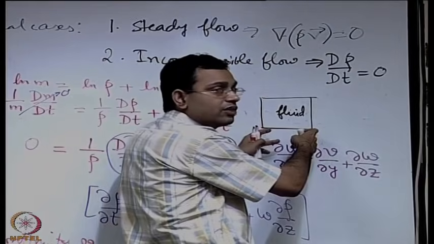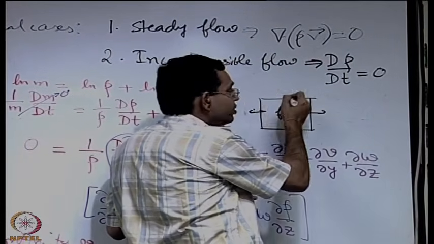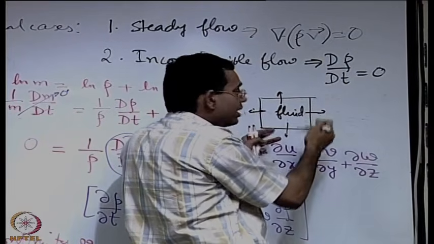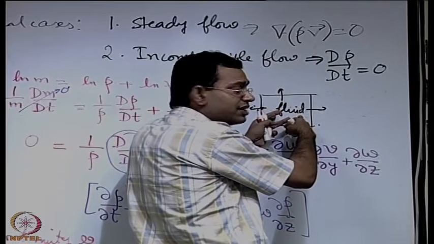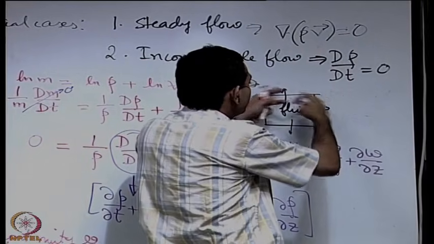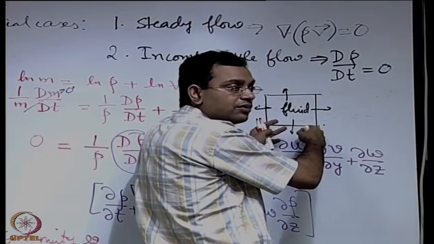But given a particular volume, some extra mass will leave, because you are constraining the volume, and if you have a change in density you must have a flow to accommodate that change, so that whatever fluid is there is accommodated within the volume given to you.